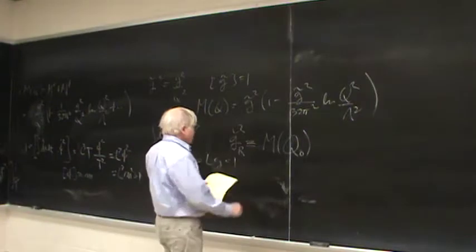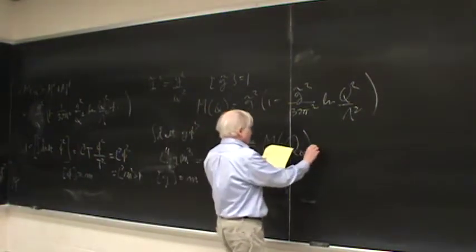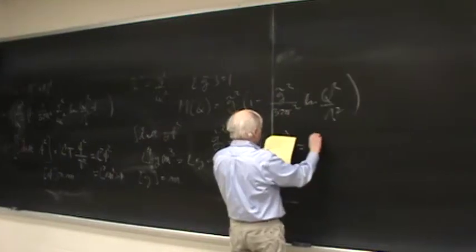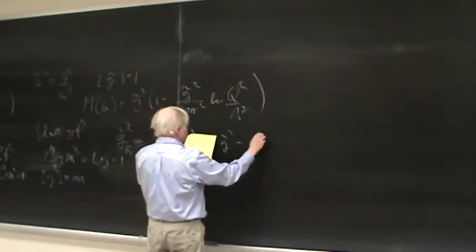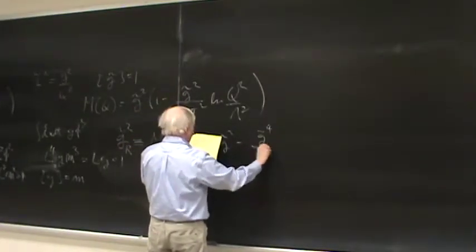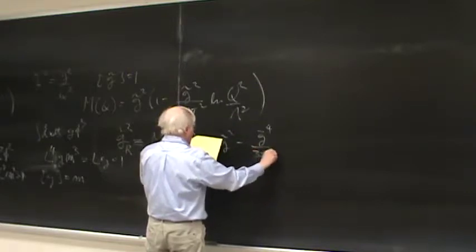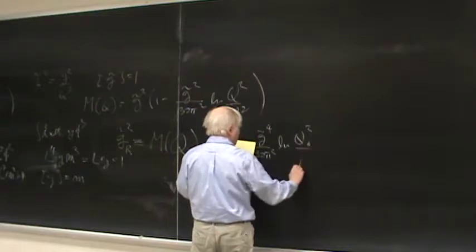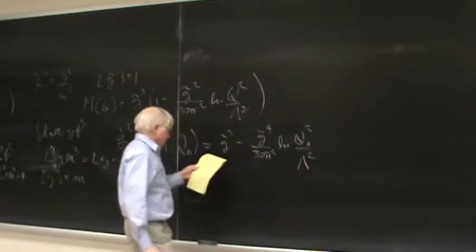And so that means GR is M of that, which is G tilde squared minus G tilde to the 4th over 32 pi squared log Q0 squared over lambda squared.